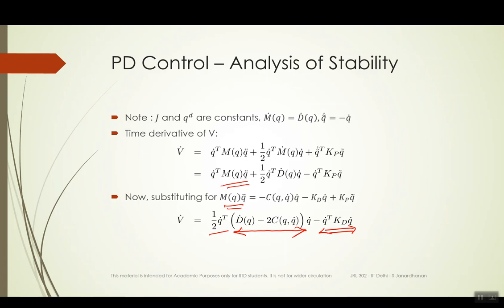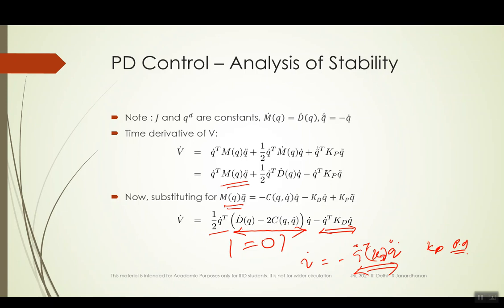So one thing is that if we are able to prove that this term is 0, then V dot will become minus q dot transpose Kd q dot, something that cannot be positive, because if we choose Kd to be a positive definite matrix, then at maximum this term is 0 when q dot is 0, but it cannot be positive.